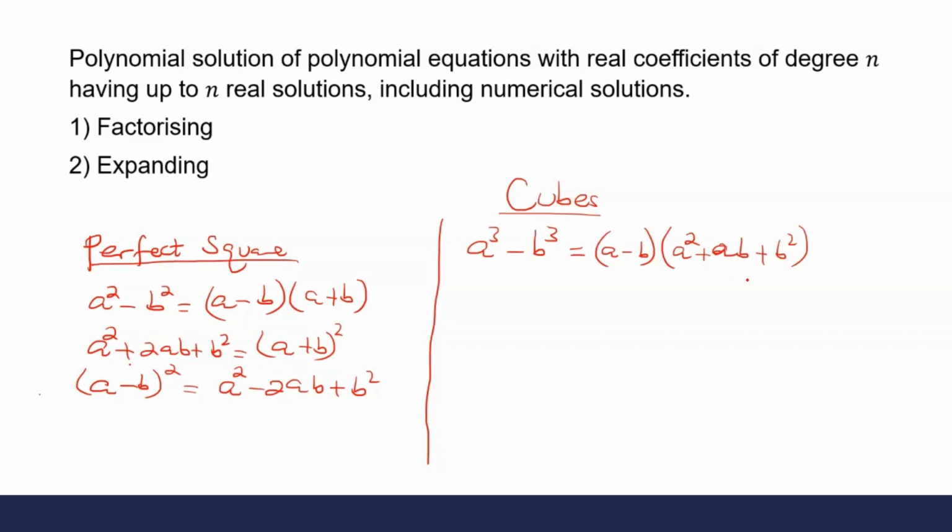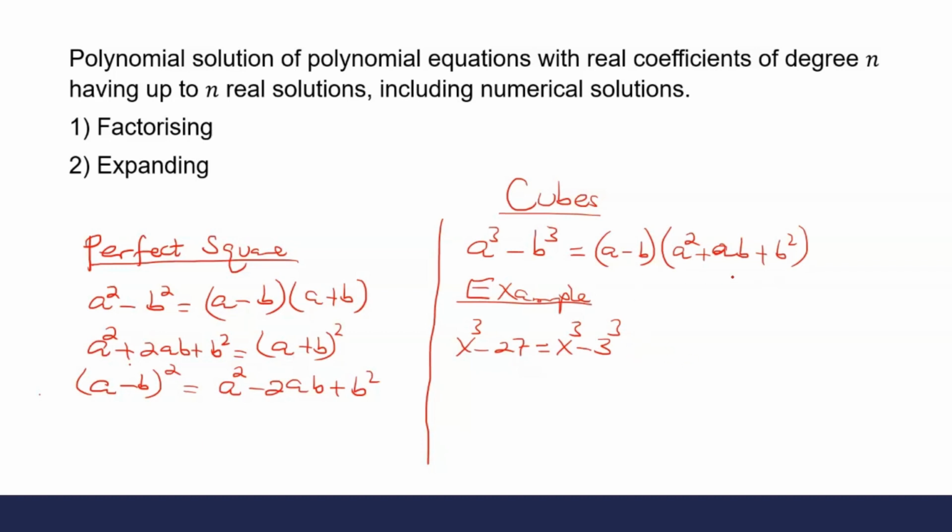An example based on this concept could be x cubed minus 27, and we want to factorize this. We need to find out where 27 came from, the cube root of 27. 27 came from 3 to the power of 3.